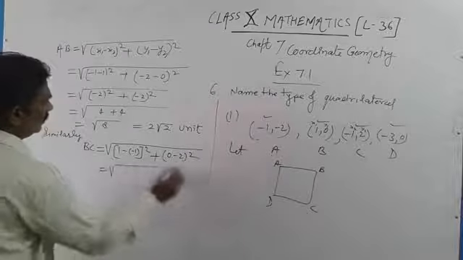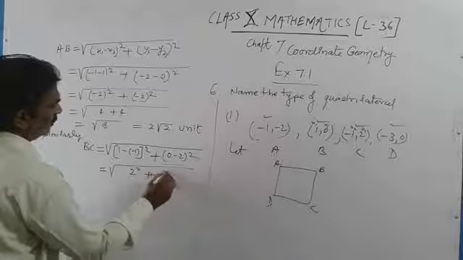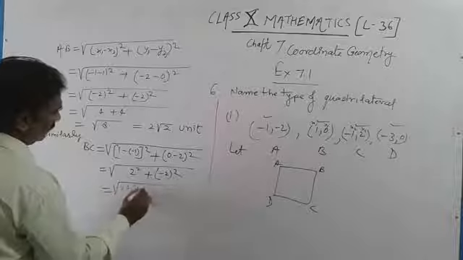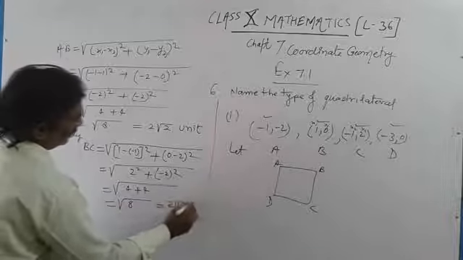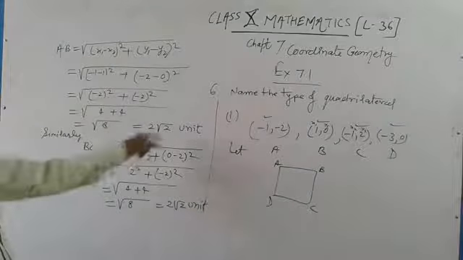This will be equal to 2 square plus (-2) square, that is 4 plus 4, similarly root 8, which is equal to 2 root 2 units. So here we are seeing that the values of AB and BC are both the same.